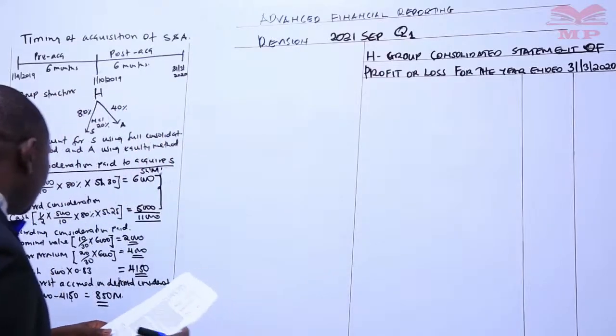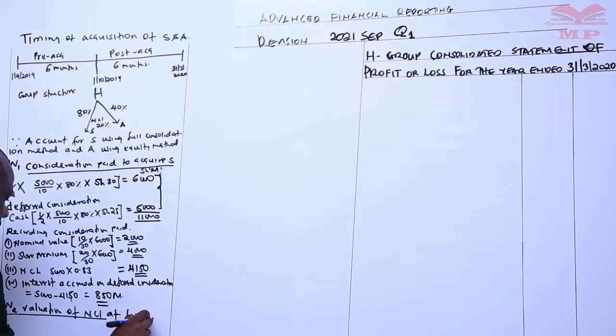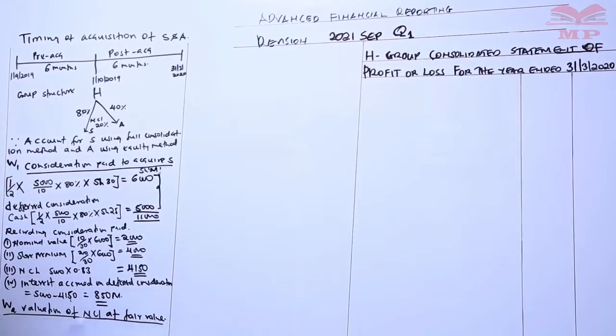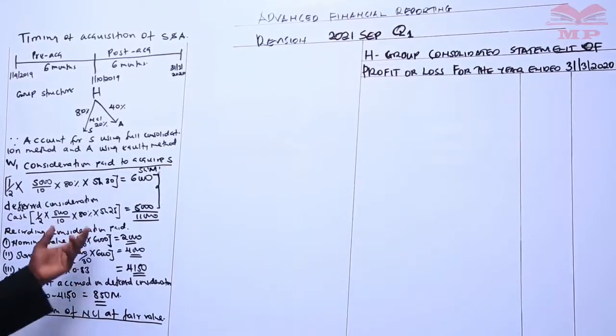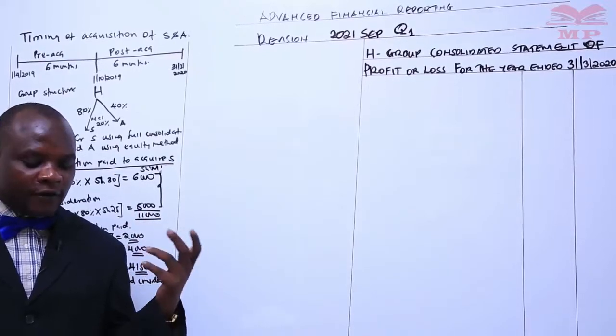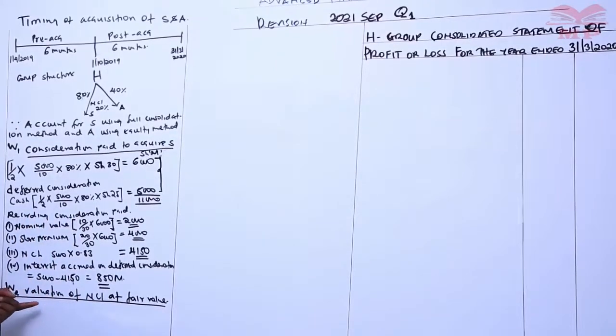So we're going to value our NCI, valuation of NCI, at fair value, of course. According to IFRS 3 Business Combinations, we can value NCI at fair value or at the proportionate share of net assets. But at this time, we are using the fair value.